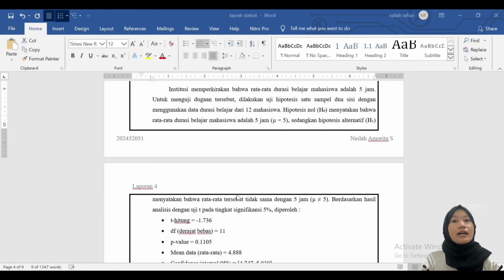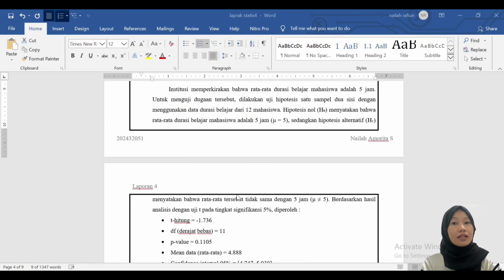To test this assumption, a two-sided one-sample hypothesis test was conducted using study duration data from 12 students. The null hypothesis states that the average student study duration is 5 hours, while the alternative hypothesis states that the average is not equal to 5 hours.